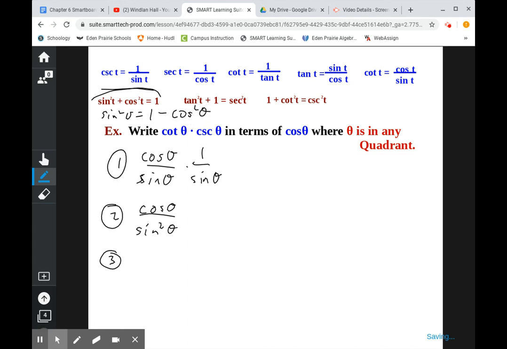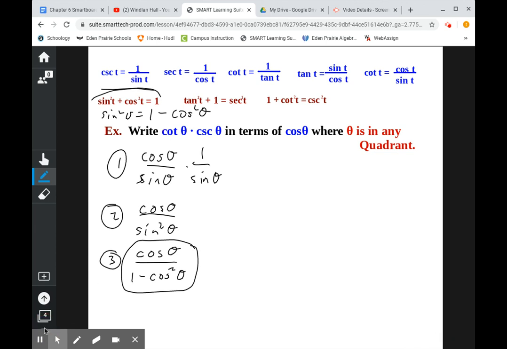So now I'll use 1 minus cosine squared theta. Step 3 is cosine of theta, which is fine, divided by 1 minus the cosine squared of theta in place of the sine squared. And this is my final answer. Everything is in terms of the cosine.